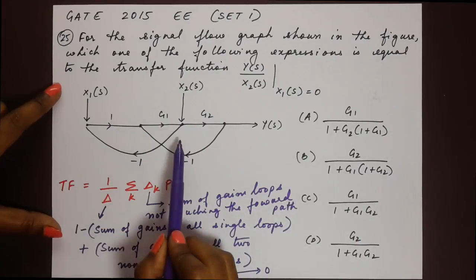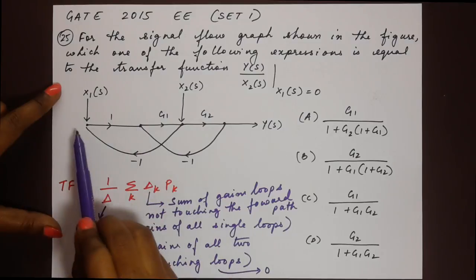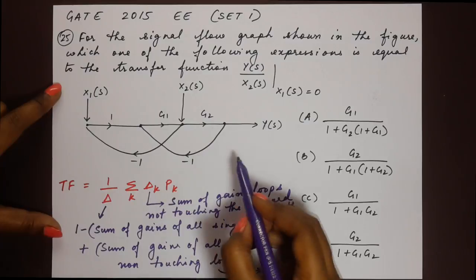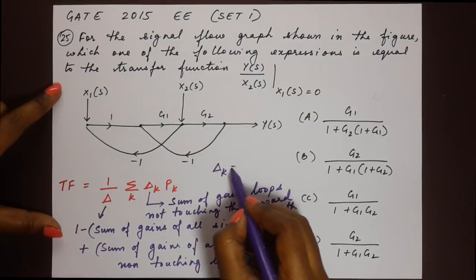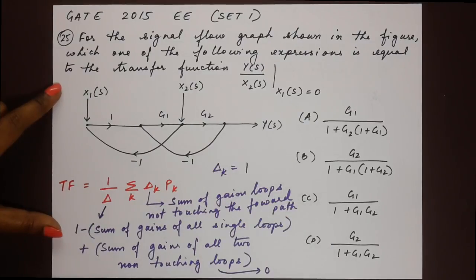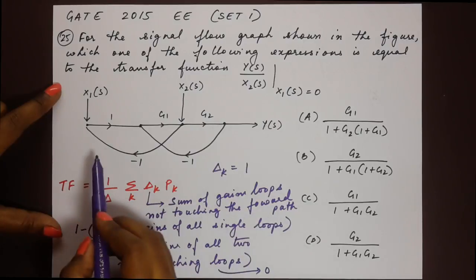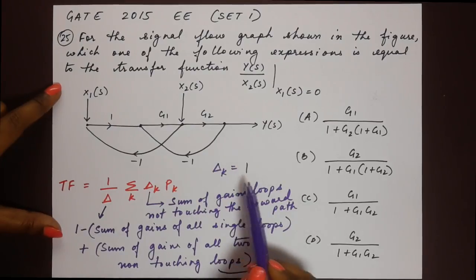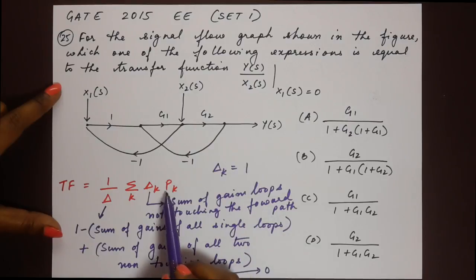We have 2 loops and both the loops are touching the forward path. So that means delta k in this problem is equal to 1. Since we don't have loops that do not touch the forward path, there's no gain for delta k at all, it's just 1. And pk is the forward path, the number of forward paths. Now let's solve this step by step.